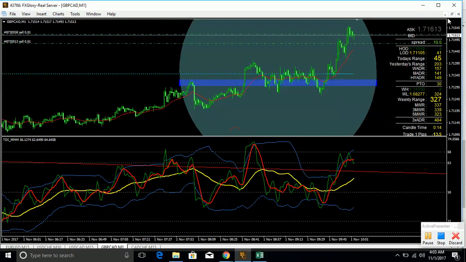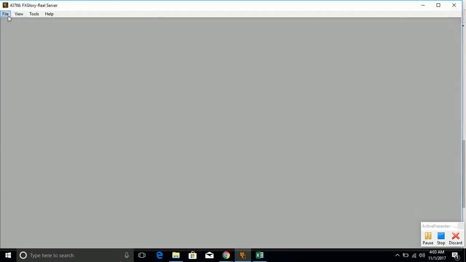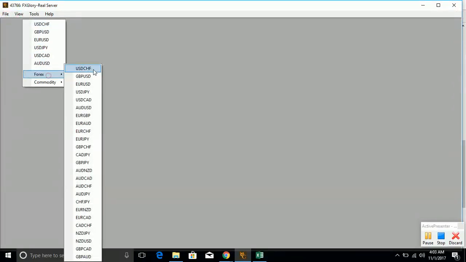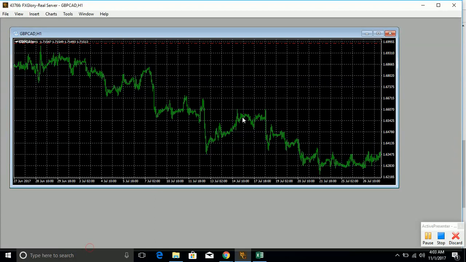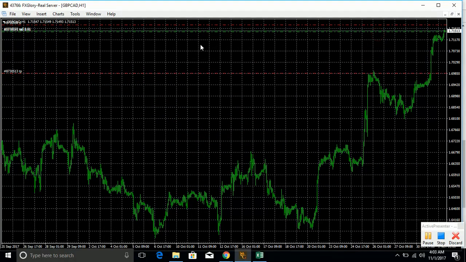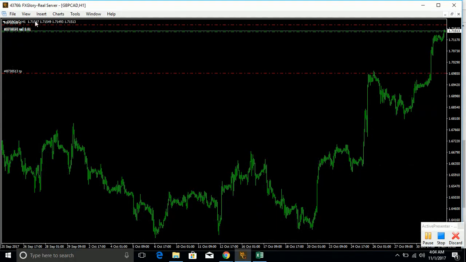Okay, now what I'm going to do now is I'm going to empty this CAD chart. Since we've been focused on this pound CAD for the most part, let me go ahead and break it down.